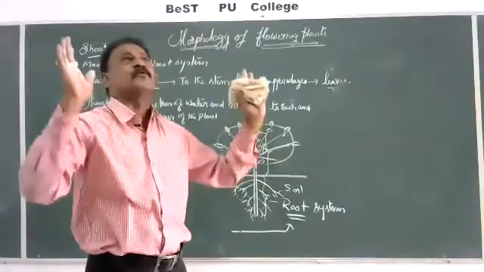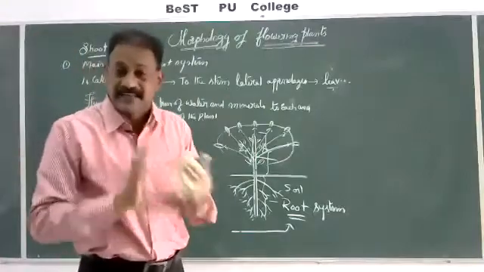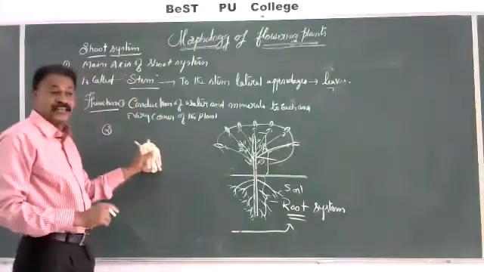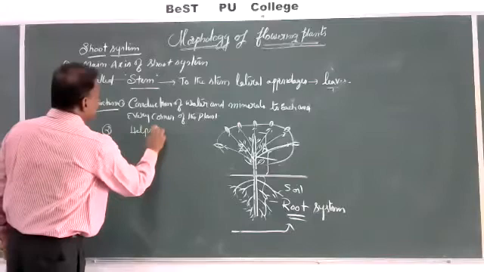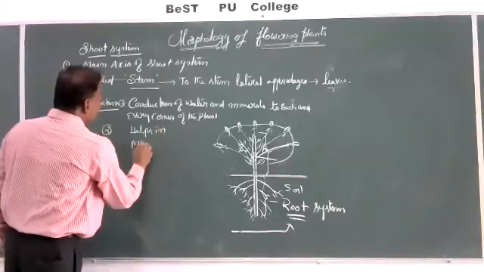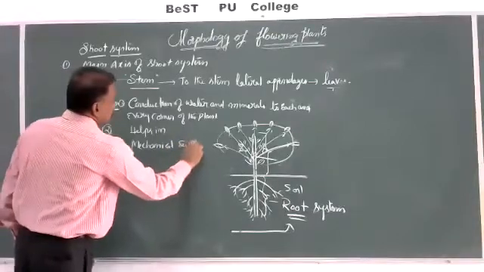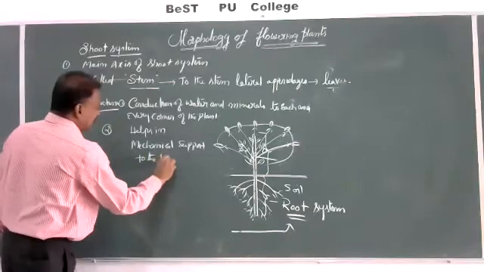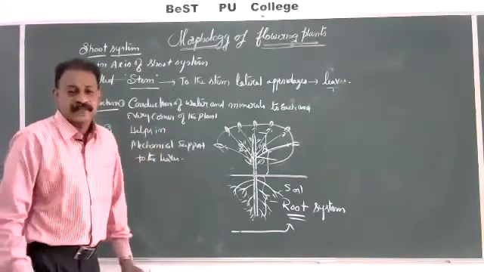Every leaf has to get sunlight. Even though the petiole is responsible for that, generally the stem is responsible for the proper exposure of the leaf to the sunlight. It helps in mechanical support to the leaves. What is meant by mechanical support to the leaves here? Leaves have to be properly exposed to the sun.